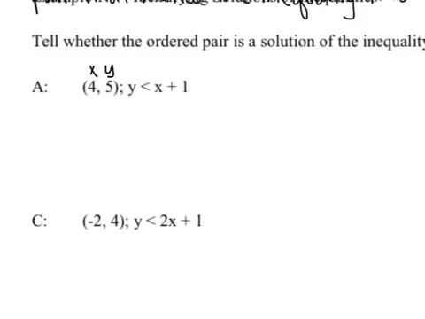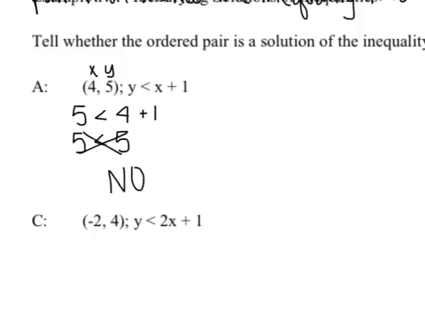So if we plug these in, we have 5 is less than 4 plus 1. So we keep the 5 is less than 4 plus 1 is 5. Is that true? Is 5 less than 5? Well, no. 5 is not less than 5. So the answer is no. That is not a solution to that inequality.